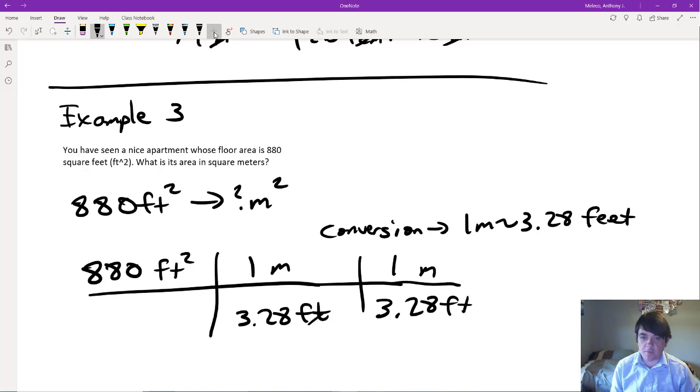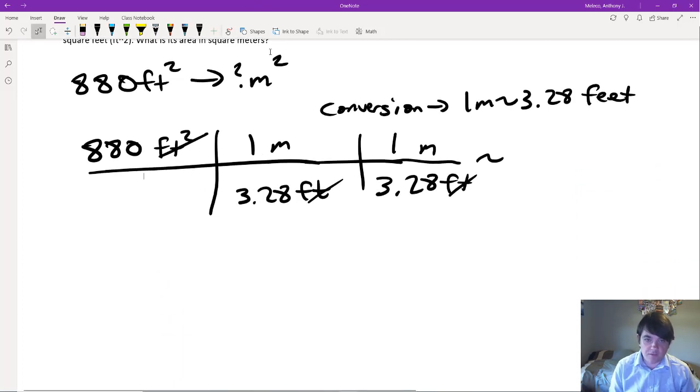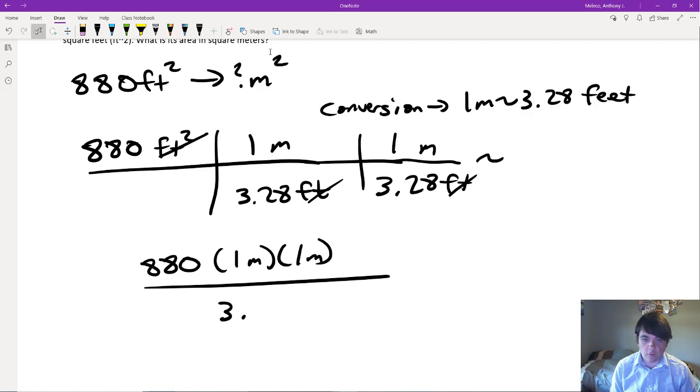Okay, and now these will cancel out, and this is approximately 880 times 1 meter times 1 meter over 3.28 times 3.28. I'll throw in the feet squared just so you can see that.